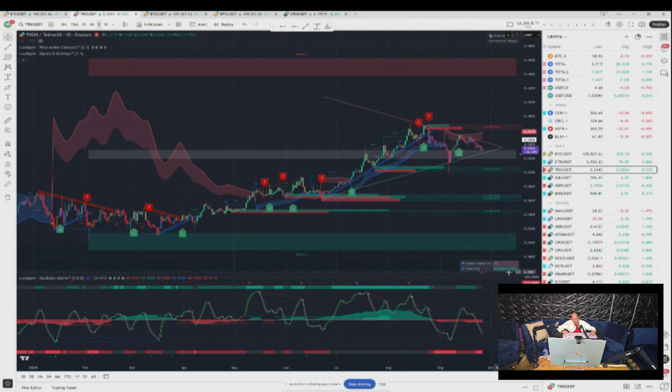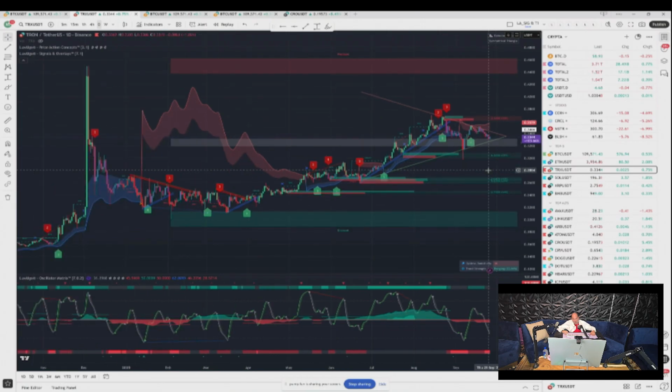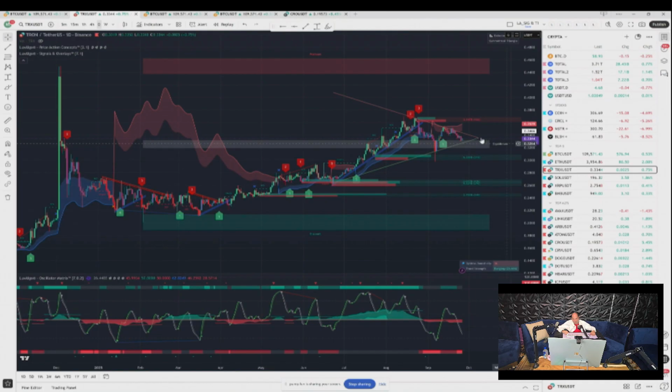Strength is ranging, relatively low. We're trading above the supply zone. Today's correction was not so significant for Tron. Basically, it just brought it back to equilibrium. Pretty tight range, pretty low volatility.